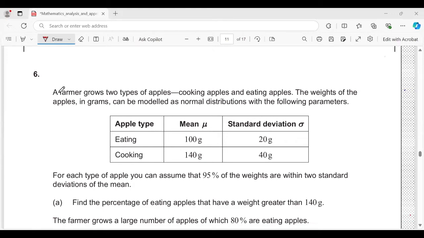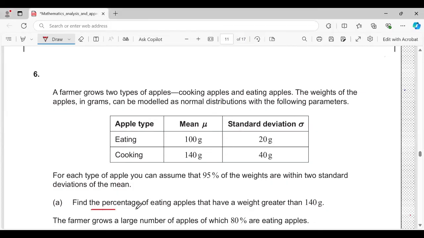Number 6. A farmer grows two types of apples, cooking apples and eating apples. The weights of the apples in grams can be modeled as normal distributions with the following parameters. For each type of apple, you can assume that 95% of the weights are within two standard deviations of the mean.